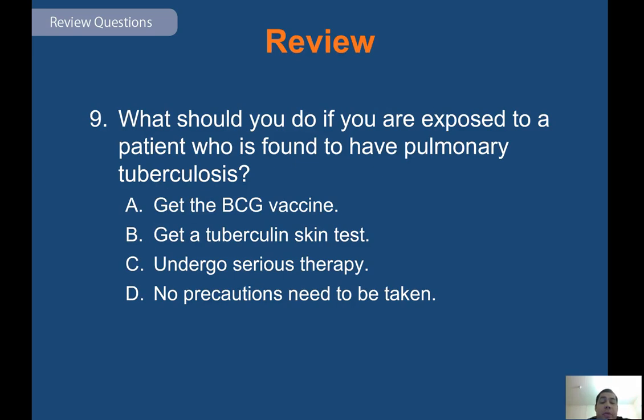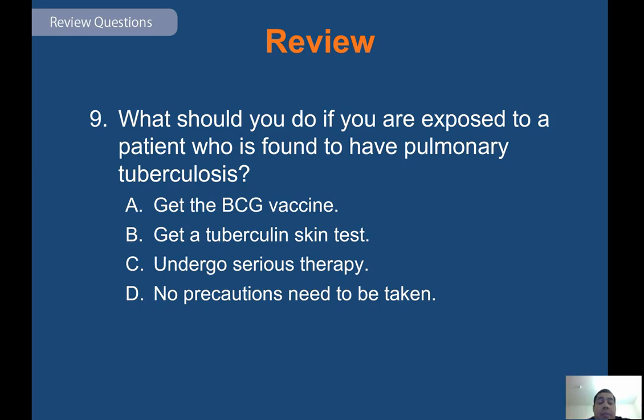What should you do if your exposed patient is found to have pulmonary tuberculosis? Remember, if I get exposed to someone on a call, there are a few steps I have to take. I have to inform the hospital.